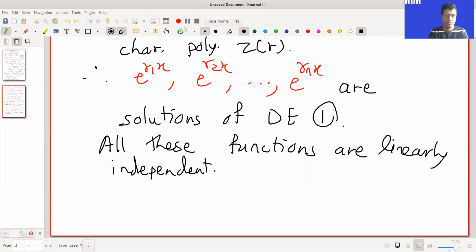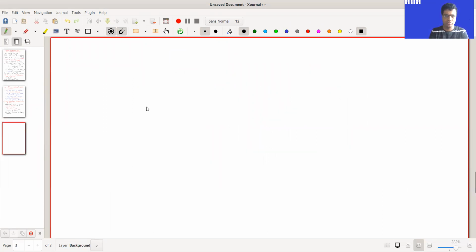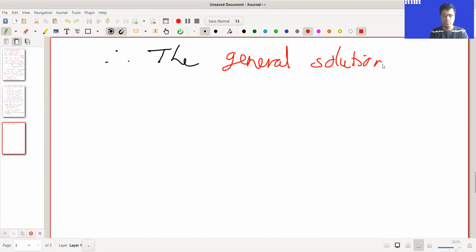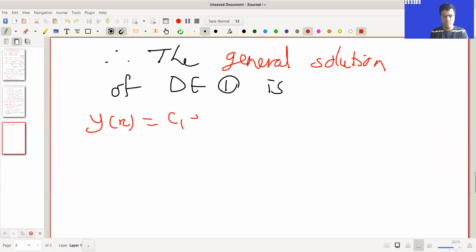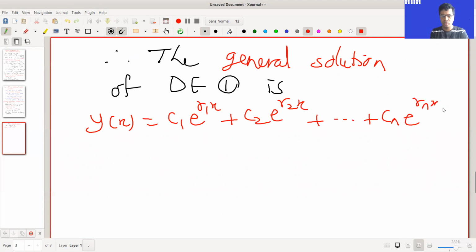Therefore, the general solution of differential equation 1 is y of x equal to c1 e raised to r1 x plus c2 e raised to r2 x, and so on, plus cn e raised to rn x.